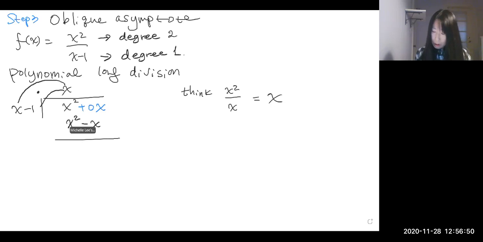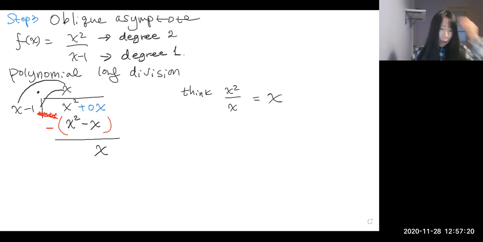Now, we must subtract all the time. Okay, and don't forget the parentheses. It's a 5 stars. Then we have a positive x for the remainder, right?